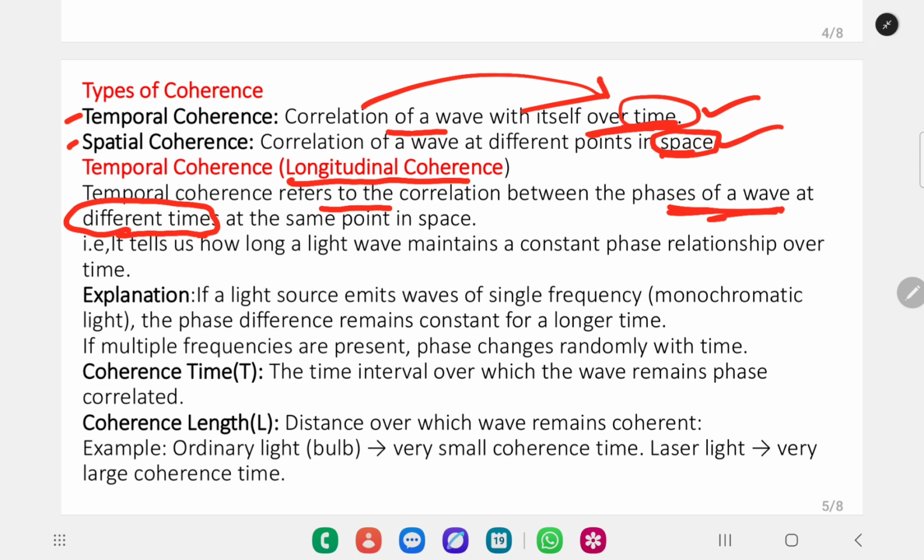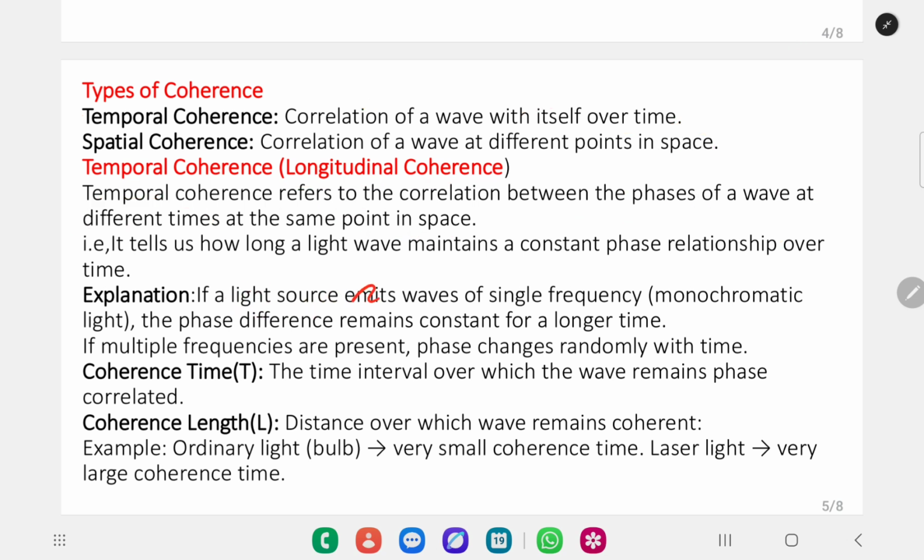What it is saying is that when we look at the relation between the phases of two waves at different times, but at the same point in space, that phenomenon is temporal coherence.